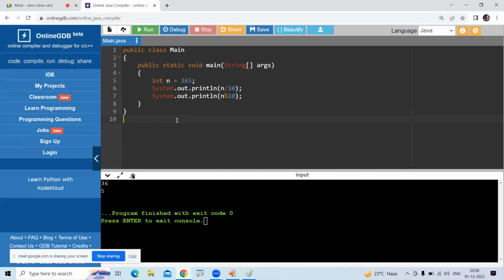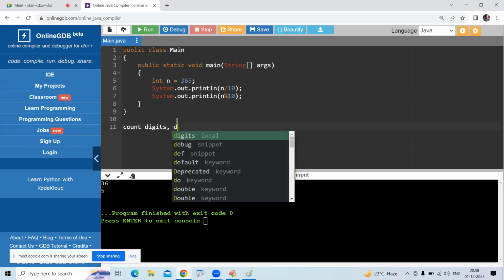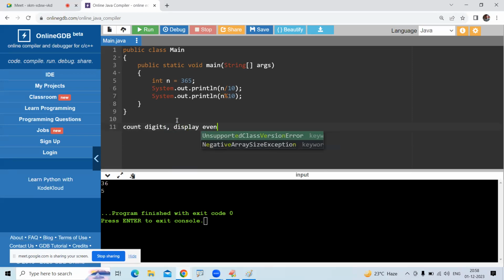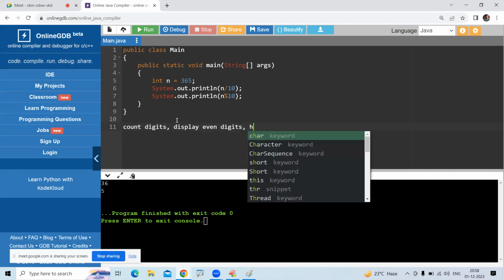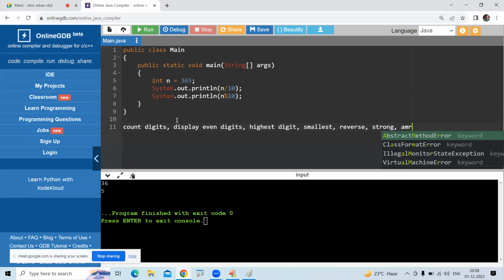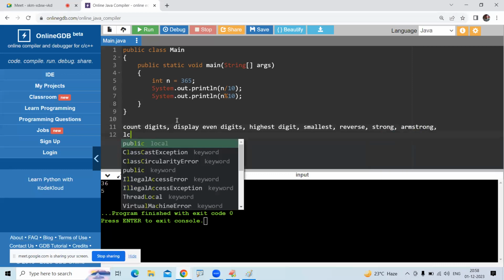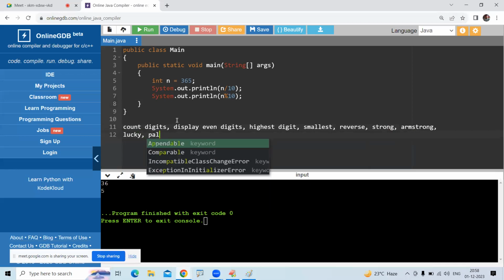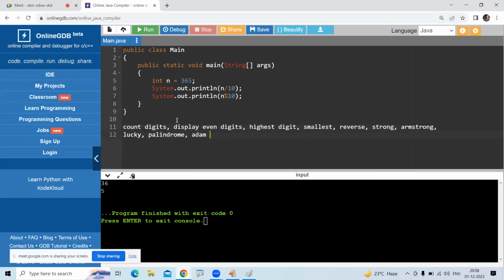Whenever you are writing while loop programs, count digits, display only even digits, find highest digit, largest digit, find smallest digit, reverse number, strong number, Armstrong number, lucky number, palindrome number, Adam number.